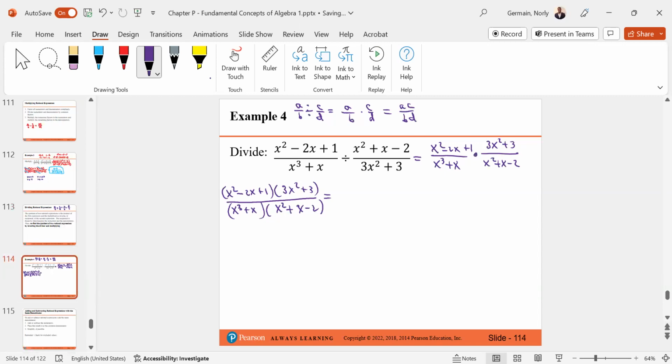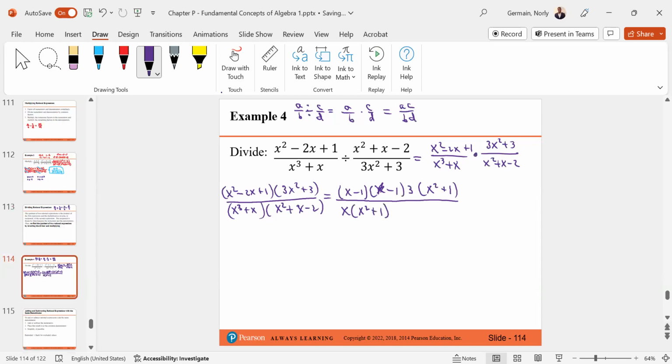Two numbers that multiply to give positive 1 and add to give negative 2 are negative 1 and negative 1. So x minus 1 squared gives the first expression. In the second one, there is only 3 that is common, so 3 times x squared plus 1. Done, because the 3 is a common factor. In the bottom one, x is a common factor, so we have x times x squared plus 1.